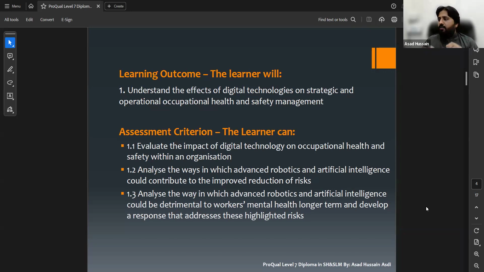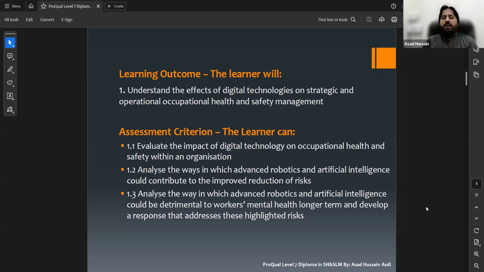For example, what type of evidence can you provide? If in your organization AR and AI are implemented with regard to measuring the risk related to mental health of the workers, you have to provide evidence of that.